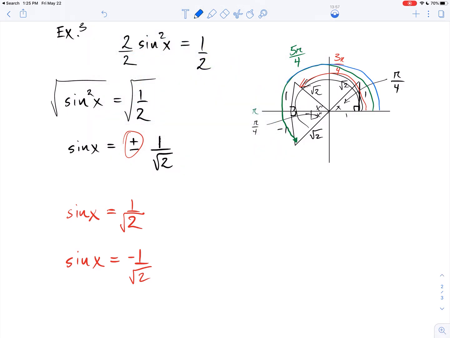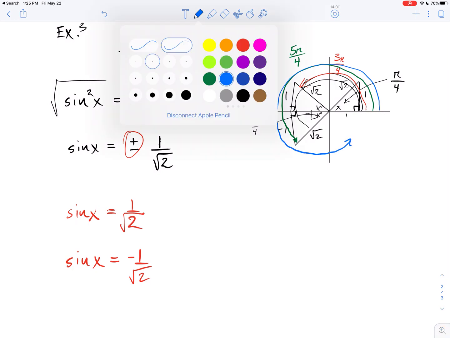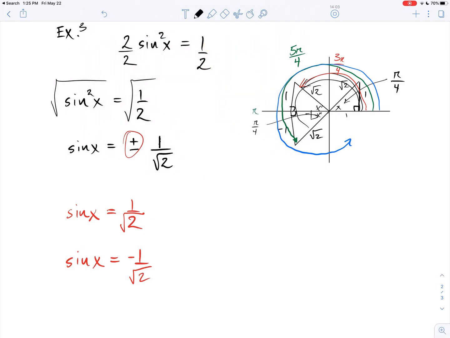If I go all the way around, all the way over to here and stop, I would then have a terminal side of my angle. I could draw a reference triangle. I'm going to look for this guy right here. This dude would be based on opposite over hypotenuse, but it's a negative because this is my negative stuff.